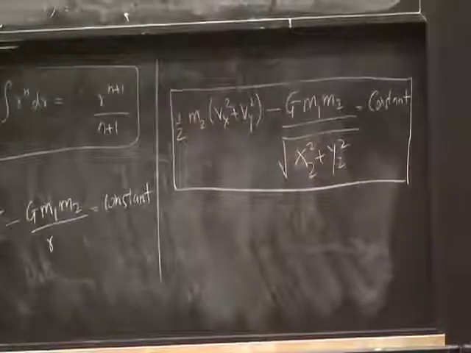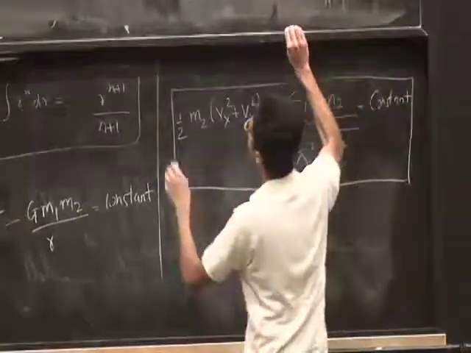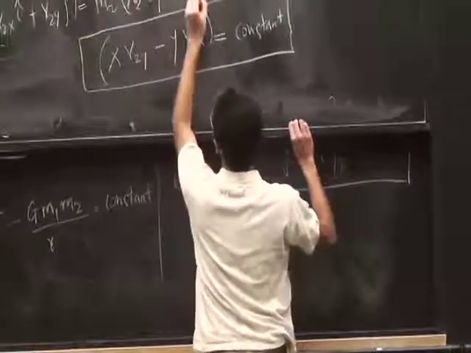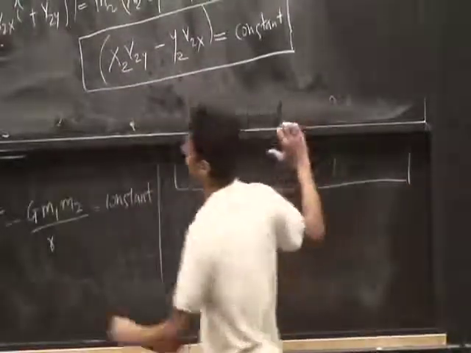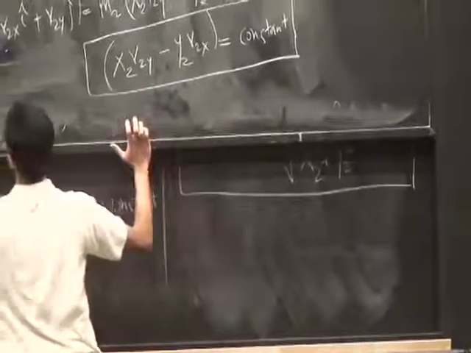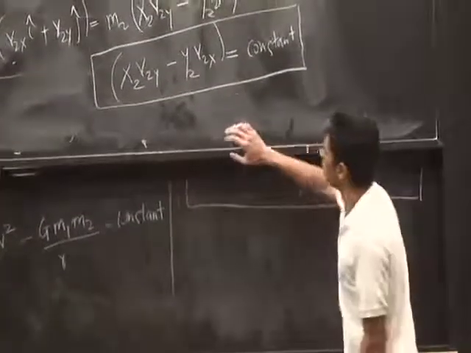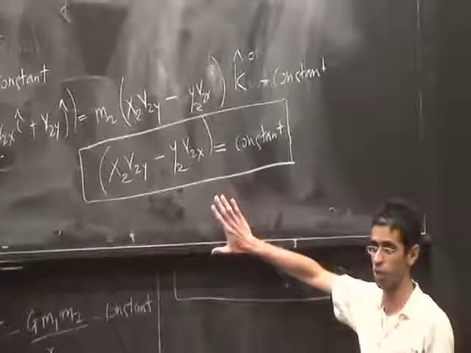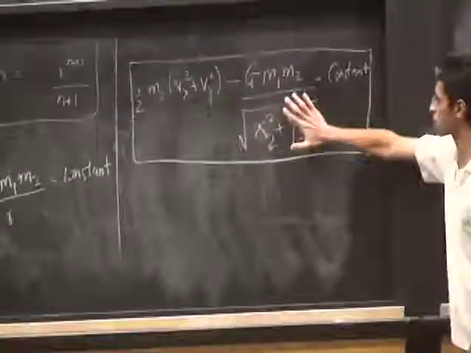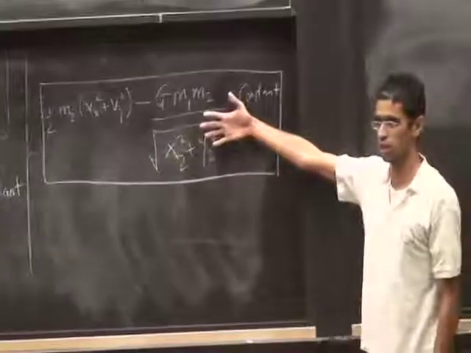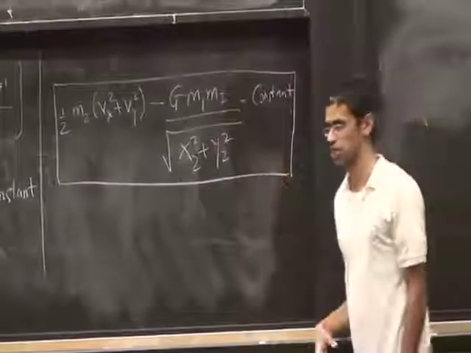Okay, so there are two things here. One thing is the angular momentum is conserved, which means that this quantity in my simulation should work out to be a constant, and the energy is also conserved, which means that this quantity also should be a constant. So let's see if that's true in the simulation.